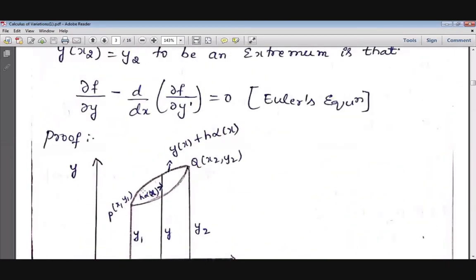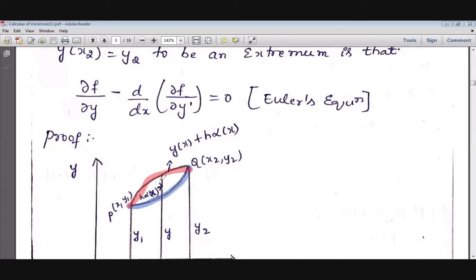Alpha of x1 equal to 0 means I have two curves. This is one curve and this is another curve. At this point, we don't have alpha, right?